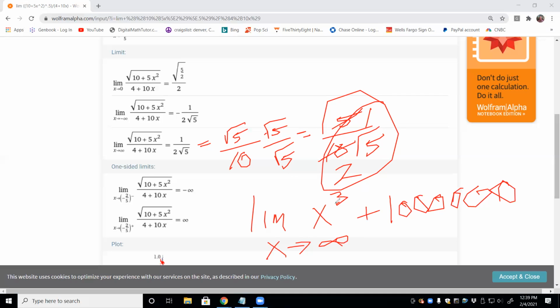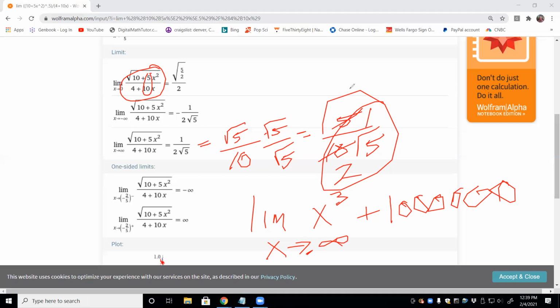And as x goes to infinity, this whole thing goes to infinity. As x goes to negative infinity, the whole thing goes to negative infinity. In other words, you just ignore the constant, because the variable always overrules the constant, always overtakes it, always matters the most.